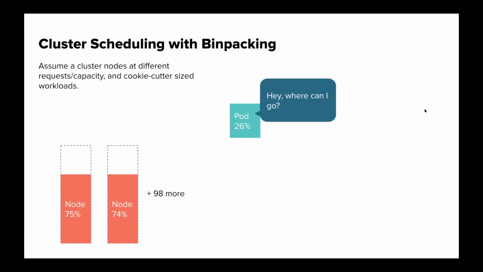There's another thing I want to talk about, which is bin packing. Let's assume a different cluster setup where the nodes have a different request over capacity, and we use cookie-cutter sized workloads. In this case, we have a node at 74% and the pod is at 26%. And the kube scheduler says, you can fit on one of our nodes.